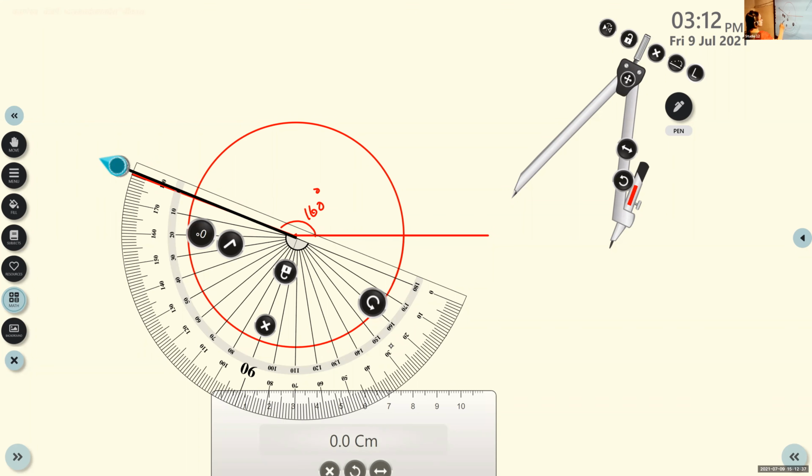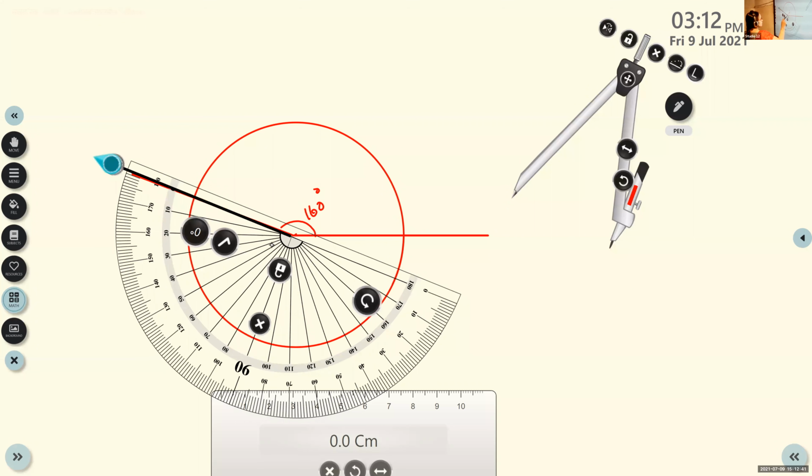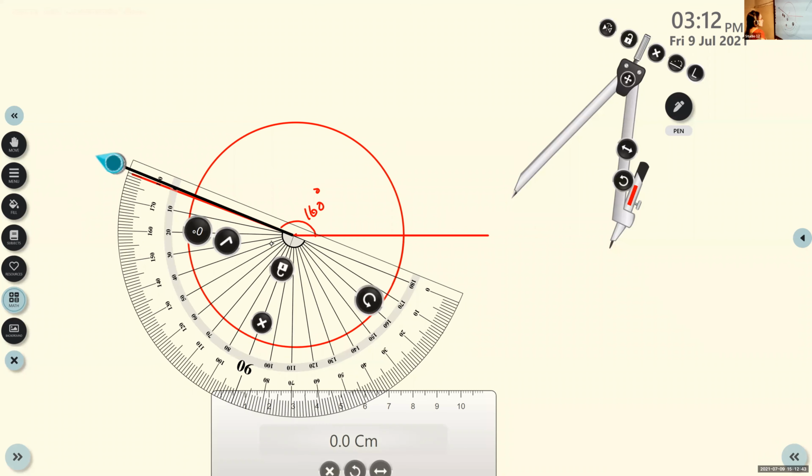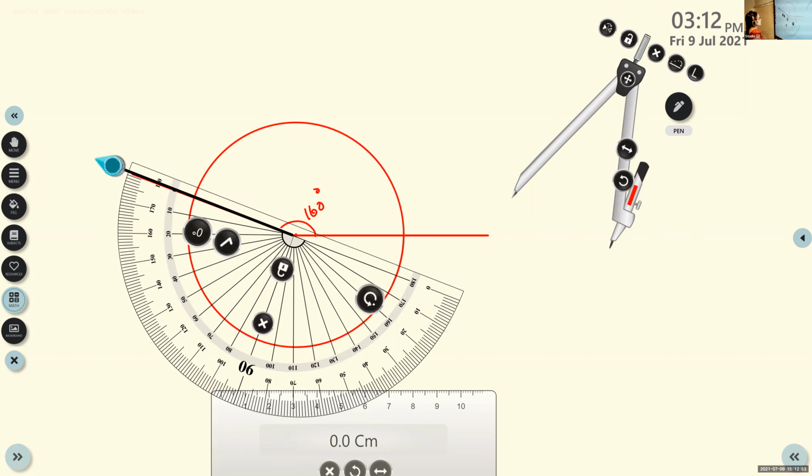Clear, children? What do you have to do? Fix the center of the protractor to coincide with the center, and the line coincide with the new radius we have drawn.